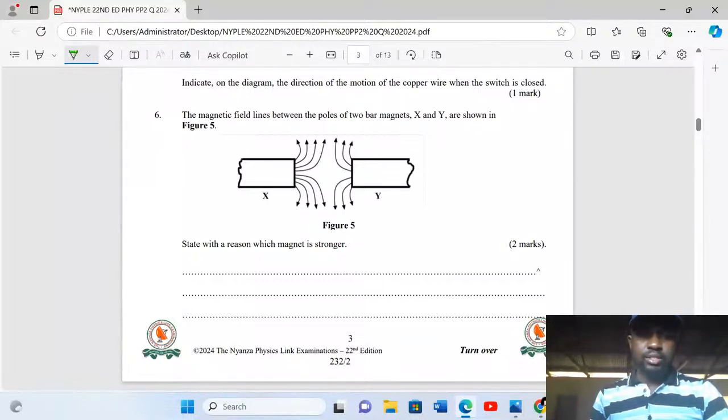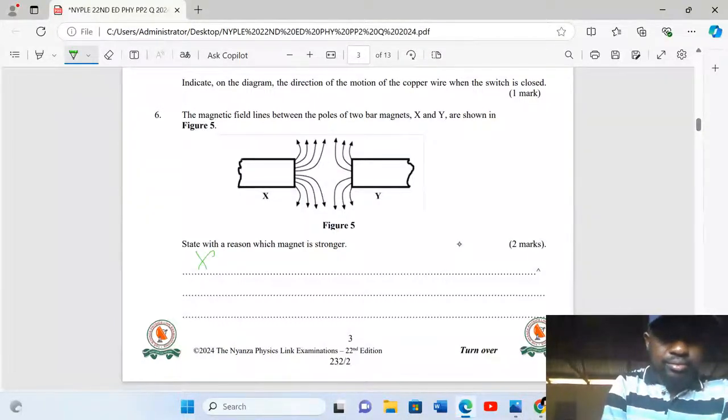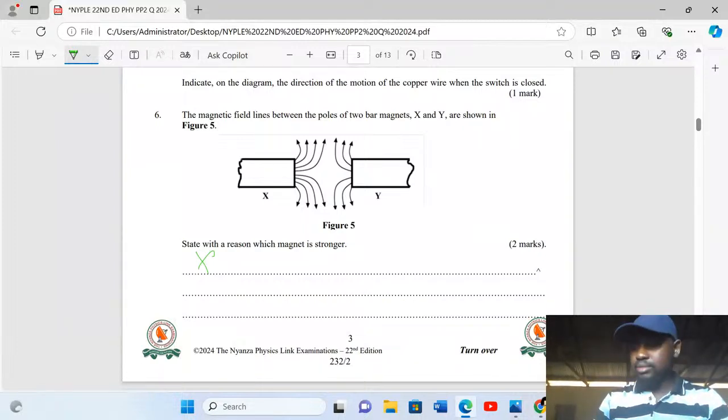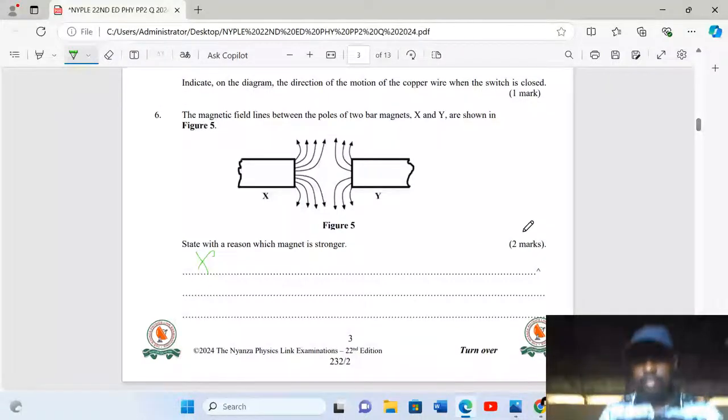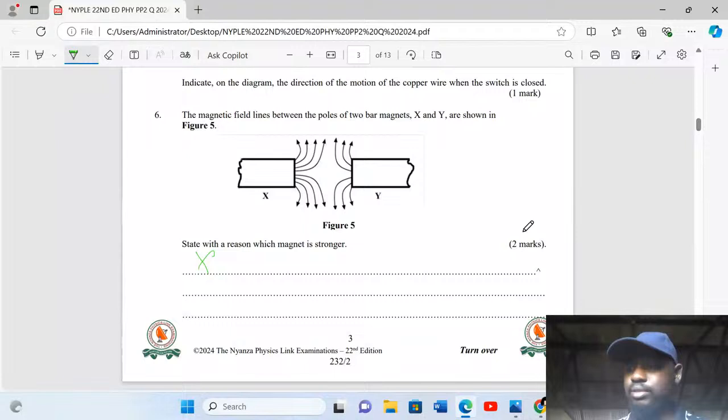But for this case, the concentration of these lines is a valid factor to consider. Therefore, X is our strong magnet.